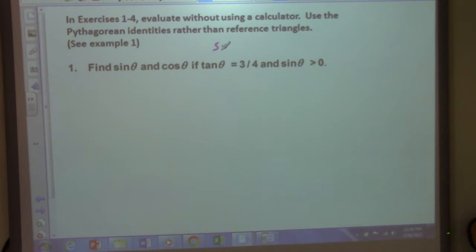And speaking of trigonometric identities, does anybody need one of these formula charts? So this is our first main Pythagorean identity. Anybody need one of these formula charts that has these on here?